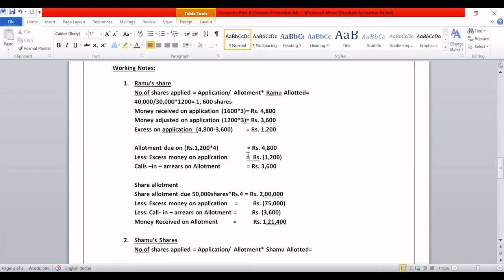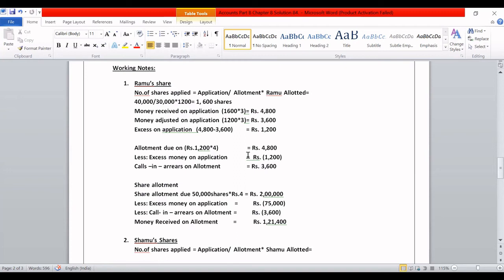4,800 minus 3,600. Now the allotment due was 1,200 into 4. 1,200 into 4, that is the amount. Now over there we get 4,800, and the excess money on application was again 1,200.